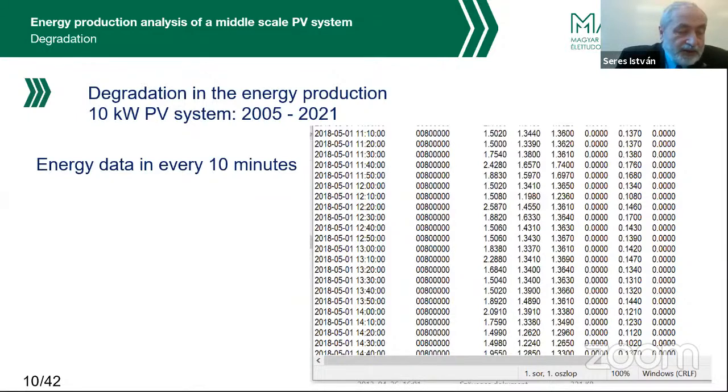As I mentioned, this is an old system, and what is the reason to use an old system? That is to check the degradation. It's a big question. Of course, I know that the producers are using artificial aging, and they want to test their systems to see what the reasonable lifetime of these products can be. But in our system, at this time, we have 17-year-old modules installed, or even older, because some of the modules were bought earlier.